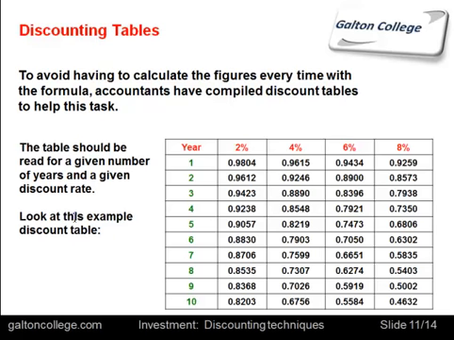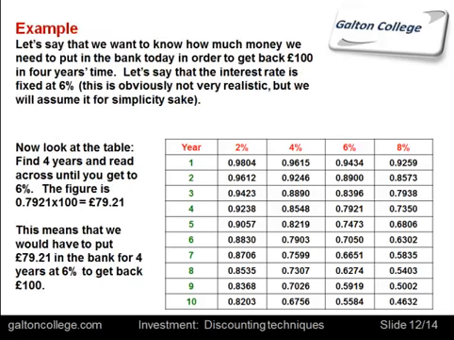Let's look at the example I cite here below. Let's say we want to know how much money we need to put in the bank today in order to get back £100 in 4 years' time. Let's say that the interest rate is fixed at 6%. Obviously that's not very realistic, fixing a rate at 6% for such a long time, but never mind, let's just say it's a question. It looks pretty daunting as a question until you realize how simple it is when you use the table.